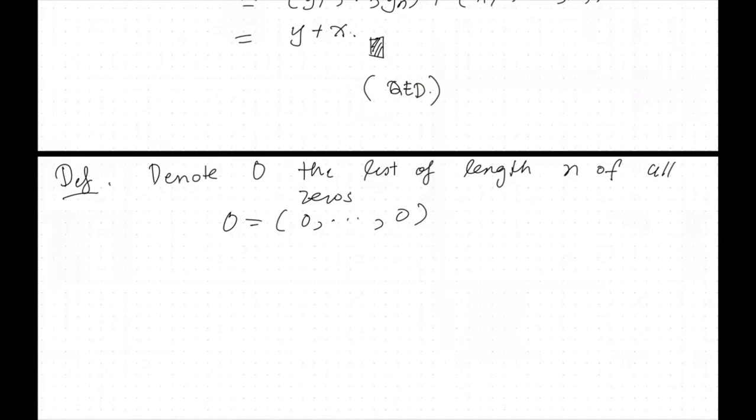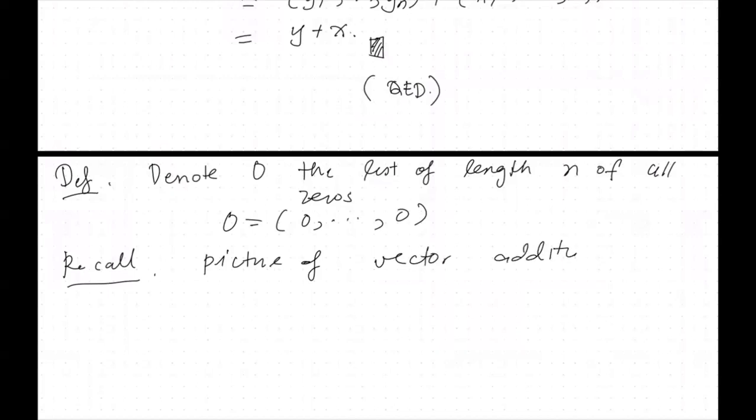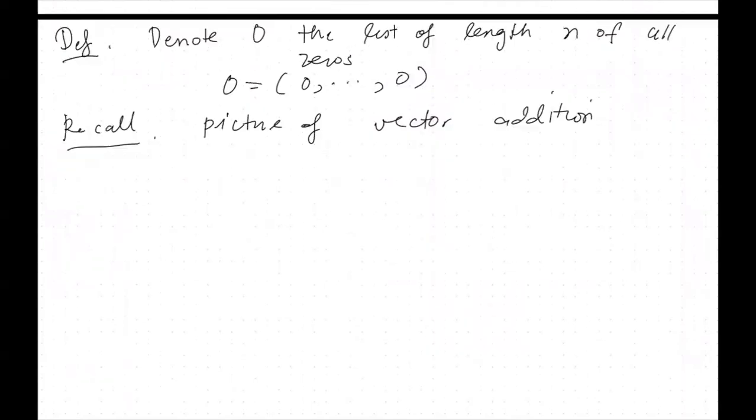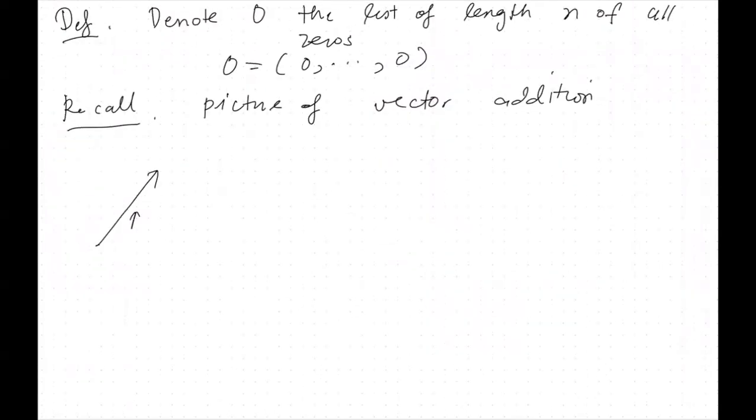And then recall our picture of vector addition. So if we have vector A here, and then we have vector B, how do you add vectors?